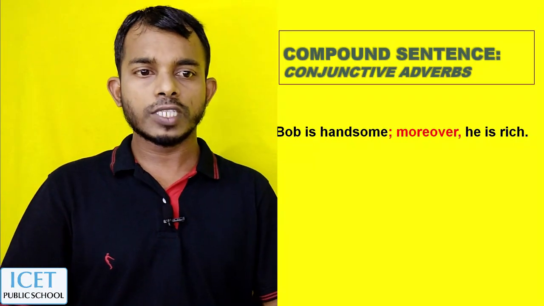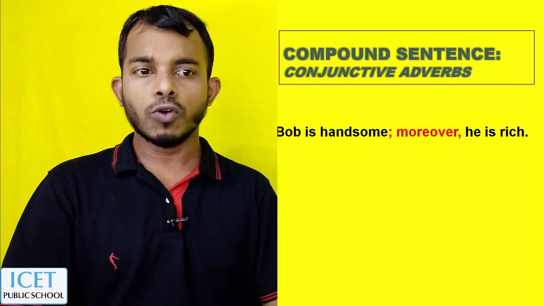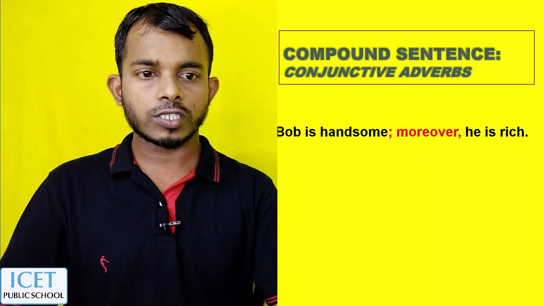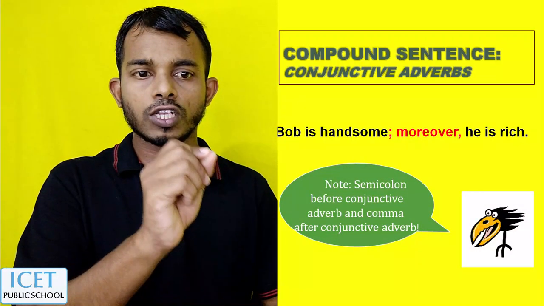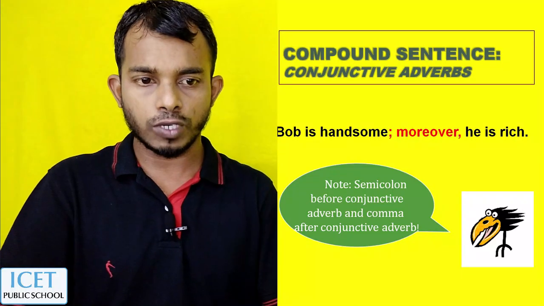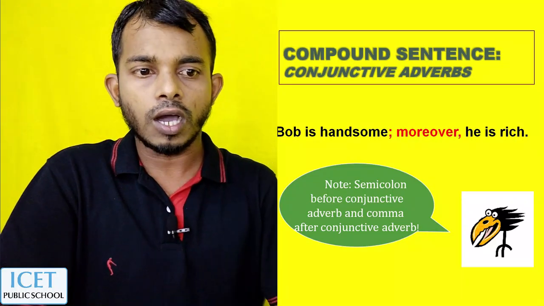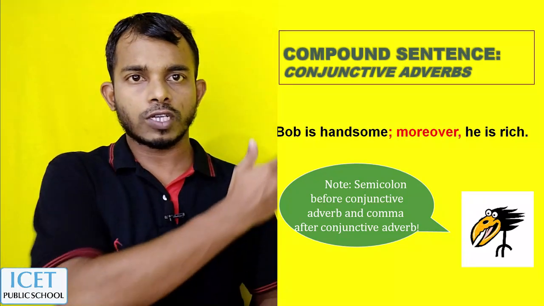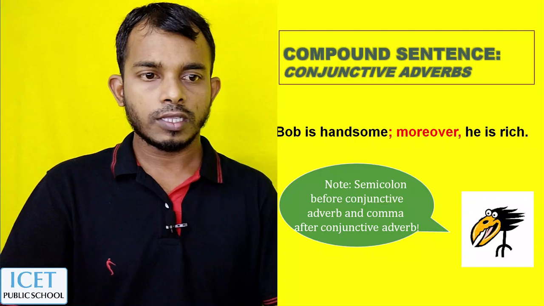Another one: Bob is handsome; moreover, he is rich. This is our sentence. In this, there is a semicolon before the conjunctive adverb and a comma after the conjunctive adverb. Did you notice that? Look at the red color.